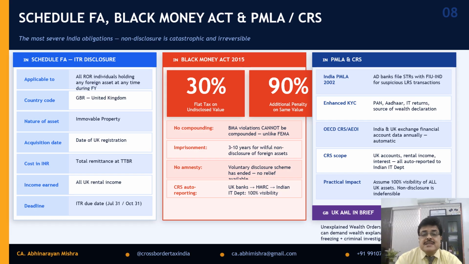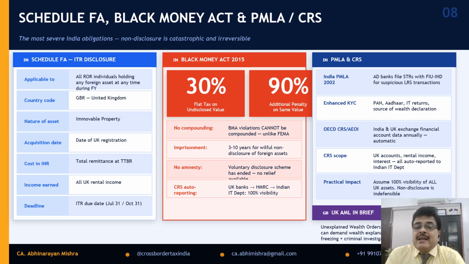And imprisonment is 3 to 10 years for willful non-disclosure of foreign assets, and no amnesty is available. And you must beware that CRS is auto-reported. UK banks report to HMRC and then HMRC to the Indian Tax Department. So the Indian Tax Department already knows about you more than you know.